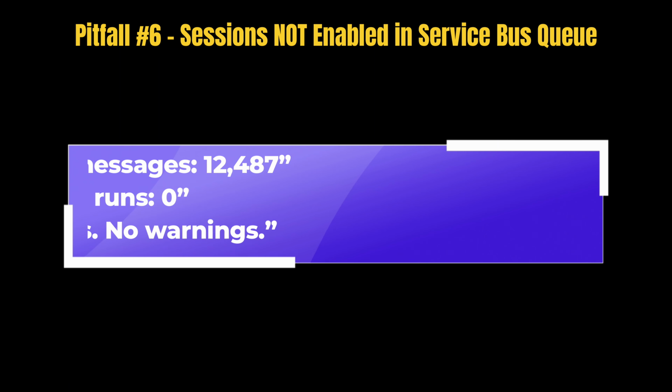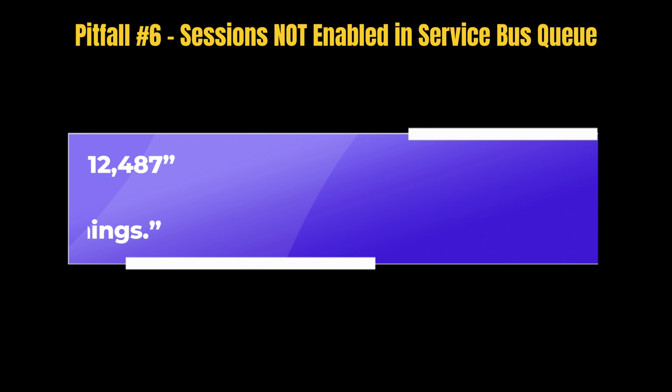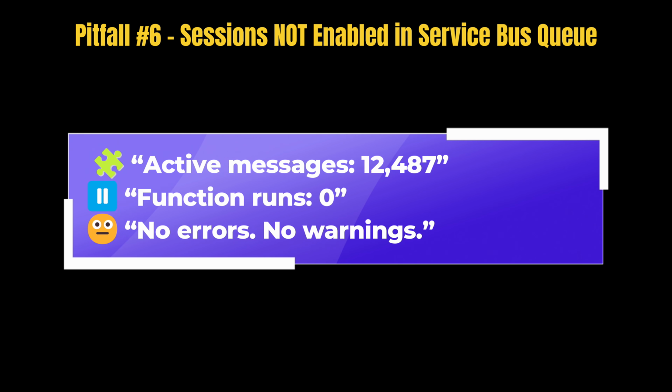Function runs 0. No errors, no warnings. You are staring at one of the most confusing traps in Azure Functions: sessions without session awareness. If your Service Bus queue uses sessions, but your function trigger doesn't know that, no message will ever be processed. The function won't even start listening.